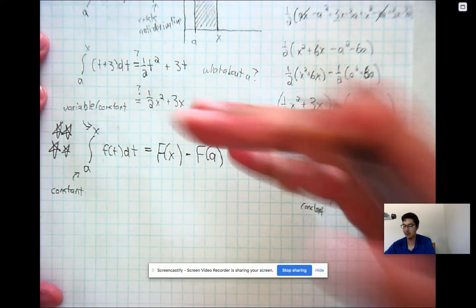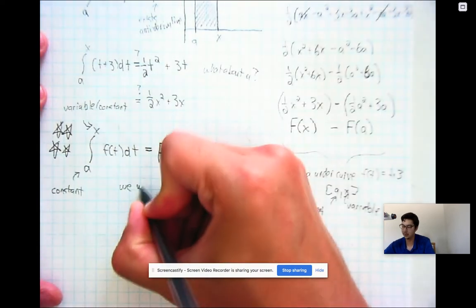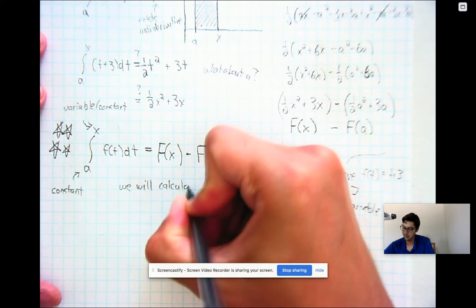And that is very powerful because this is how we will calculate integrals.